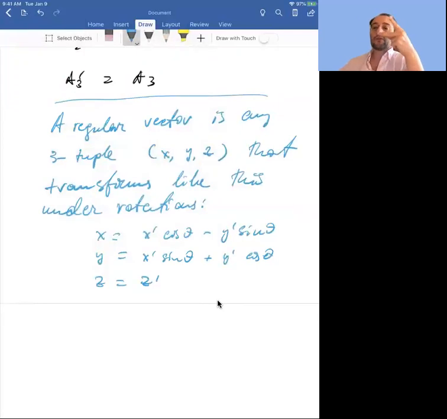If you have a vector that's pointing there, and you rotate your coordinate system, in the new coordinate system that vector takes a different set of components. Of course, the values of components will be different. But if the components in one frame and another are related specifically like this, in this case for rotation around the z-axis, but there's a generalization, then you're dealing with a vector.